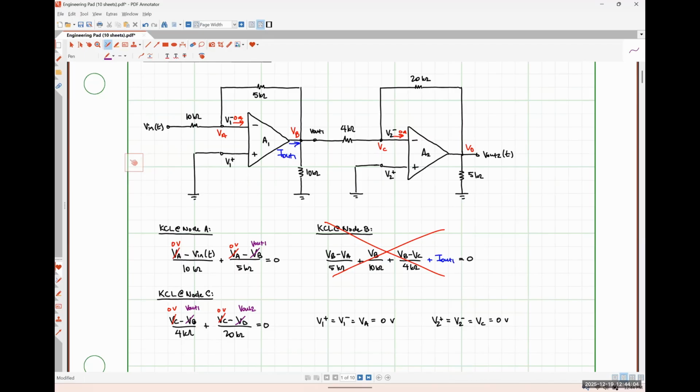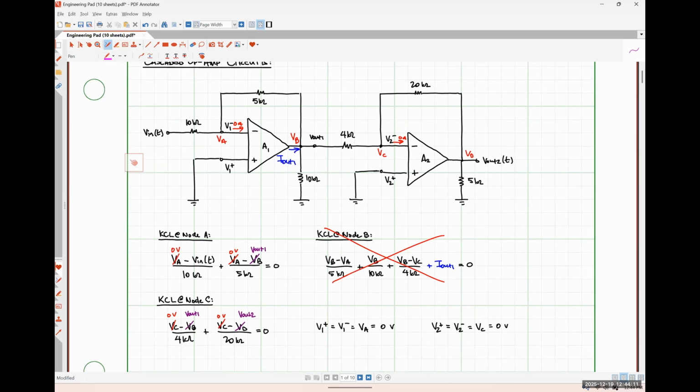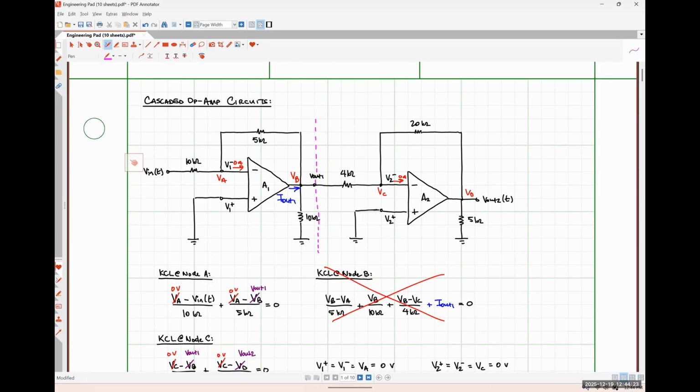So what I'm going to do is put a dashed line here, at the output node of that first amplifier. Everything to the left of this dashed line, we're going to call amplifier stage 1.